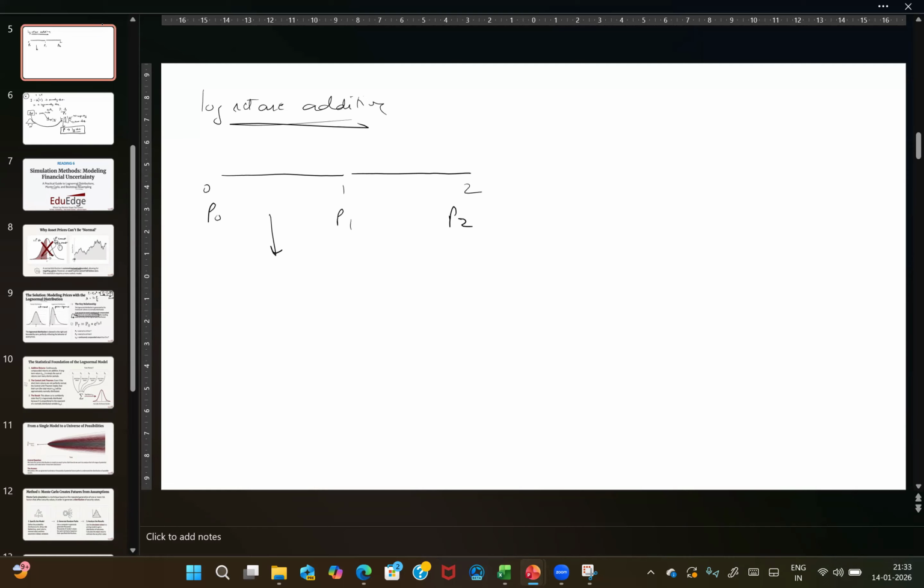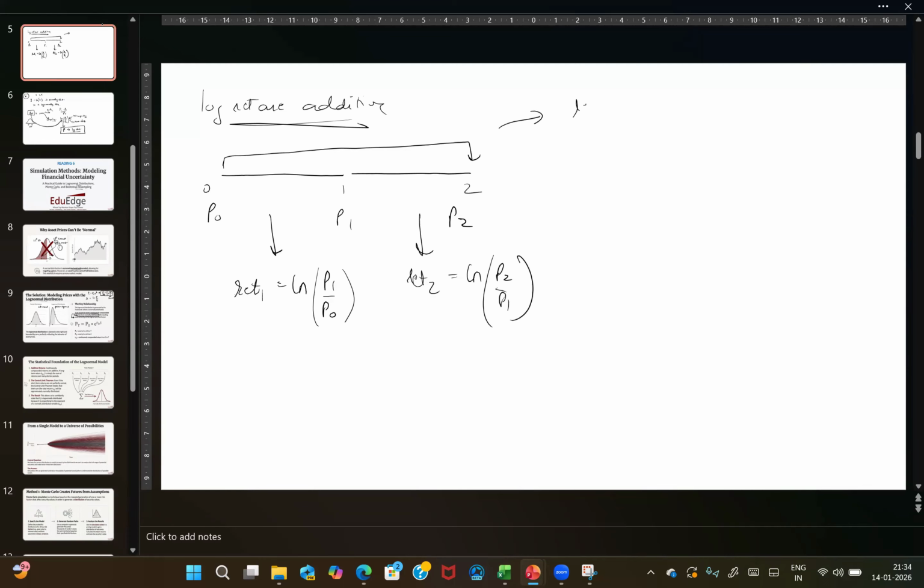The log normal return over the first period, 0 to 1, can be written as return 1 equal to ln p1 by p0, and return 2 over 1 to 2 can be written as ln p2 by p1. Can I say if I were to consider returns between 0 to 2, I would have written return 0 to 2 as ln p2 by p0, right?